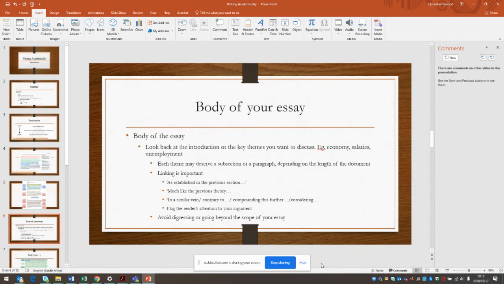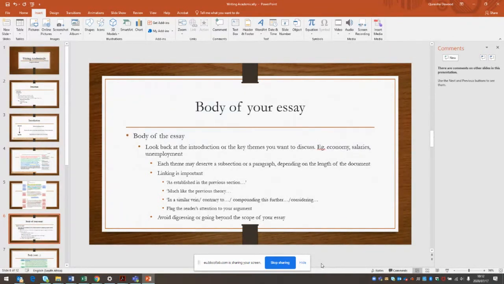If you are saying unemployment is on the rise in South Africa, you could say "compounding this further is the COVID-19 situation," okay? Or "considering the factors spoken about in section 1 or 2," okay? You need to flag the reader's attention to your argument and make them come along with you, okay?